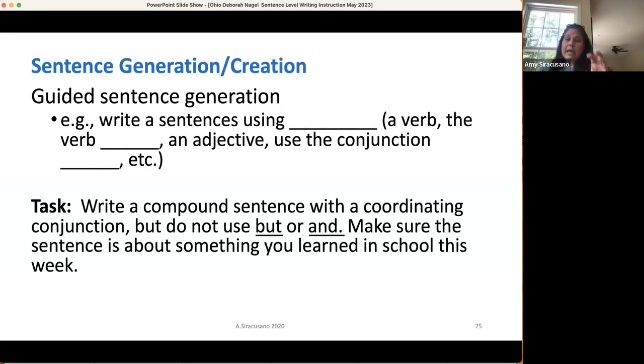So one way we can help kids do sentence generation work is to give them guided sentence generation work. And a lot of this comes from William's book, Writing Matters. You can still purchase that on his website. His brother and his sister-in-law are still running his website, so you can still find his materials.